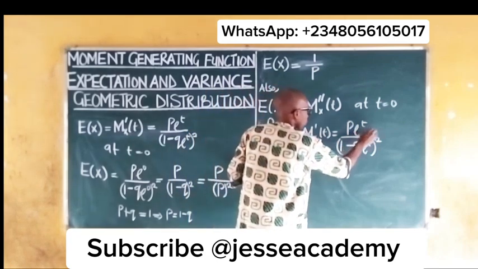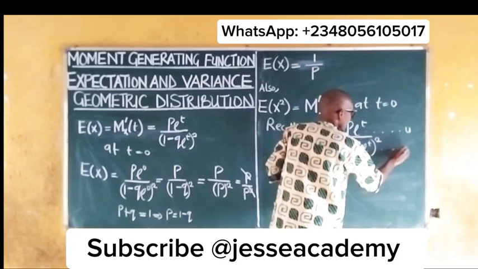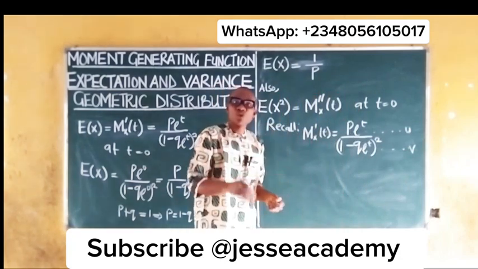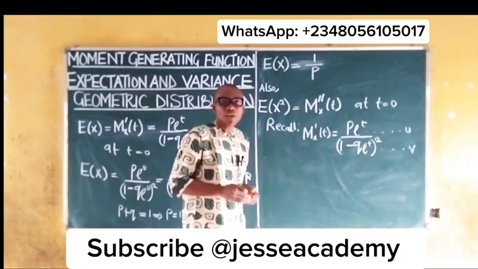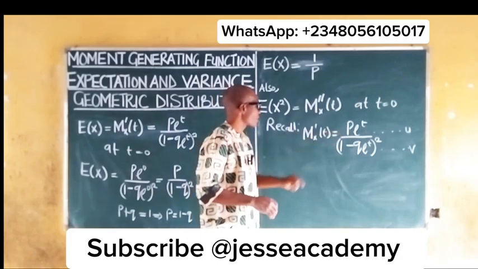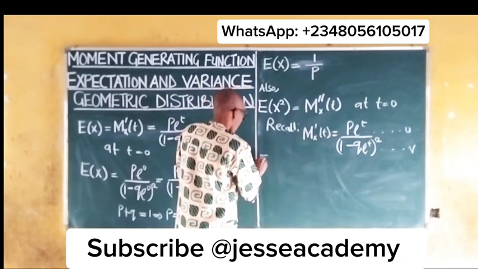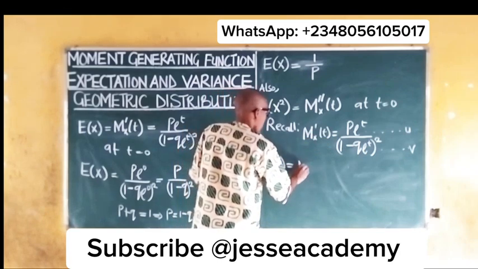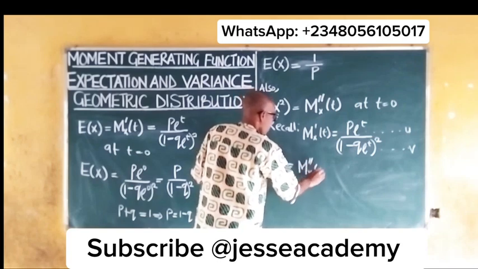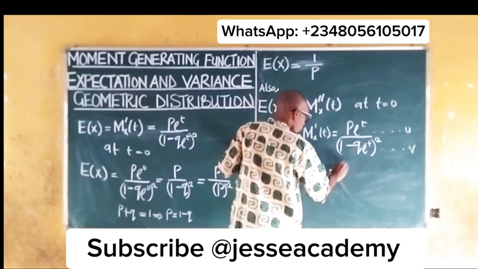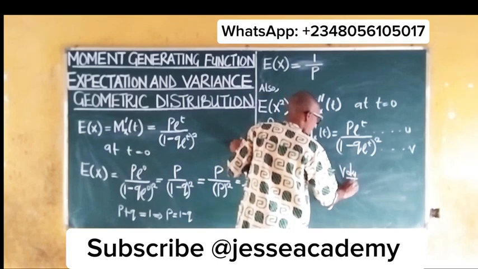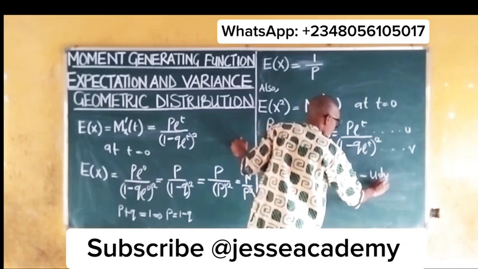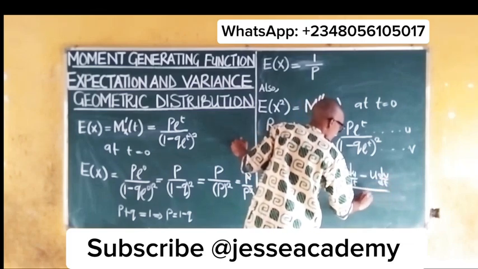Now, this will become our u again, and this will become our v. We'll also use the quotient rule formula for calculating this. So we use the quotient rule. It then means that our expected value of x squared is equal to our second derivative of the moment generating function, which is v du all over dt minus u dv all over dt, all over v squared.